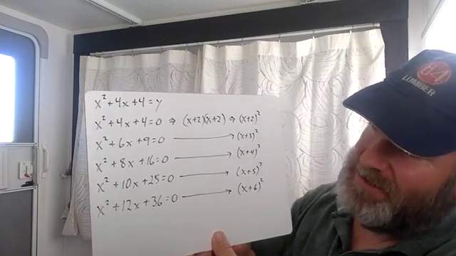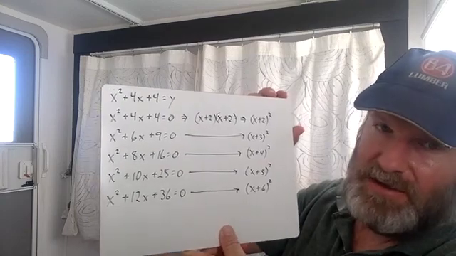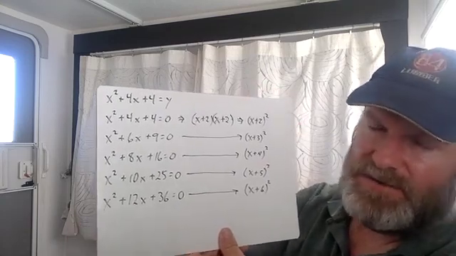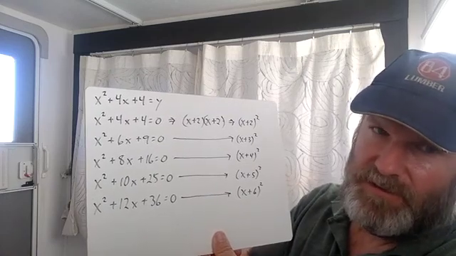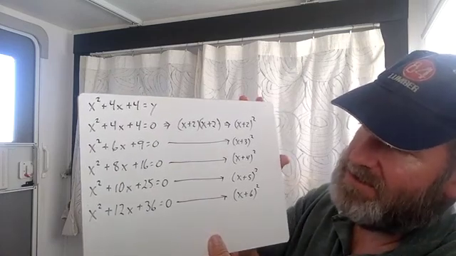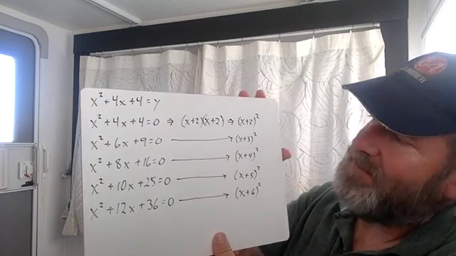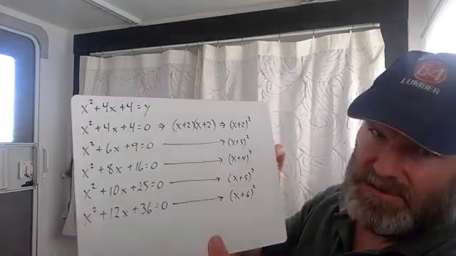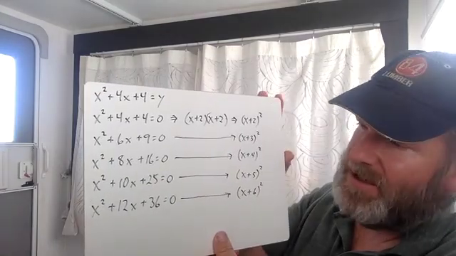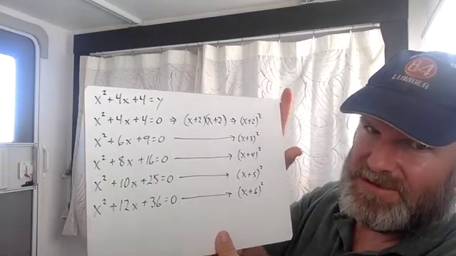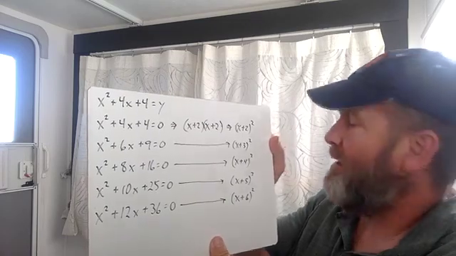So that's why I skipped the ones where b is an odd number. And in your homework for Friday, there's only 3 problems, and b is an even number for all 3 of them. So you won't have to worry about messy decimals and stuff like that. They'll all look something like this. Now, the next slide I'm going to show you is actually what the homework is going to look like, which is slightly more complicated, but not bad.